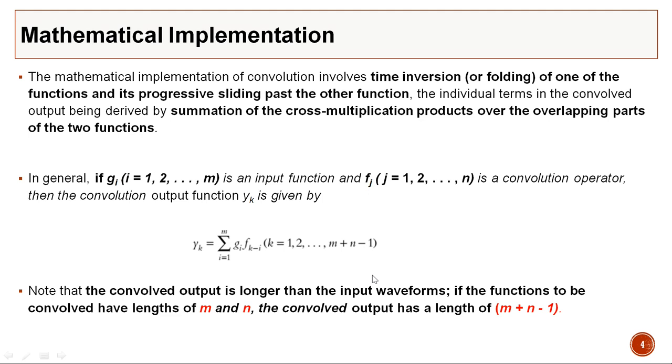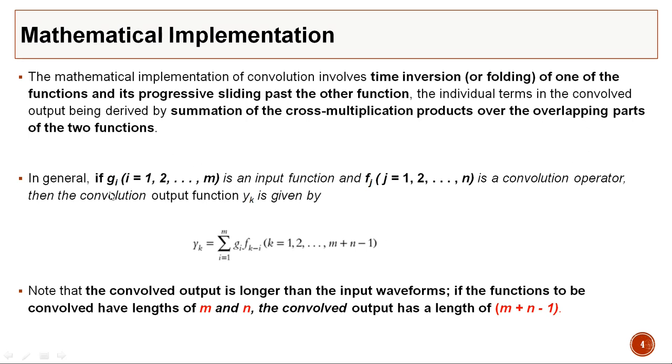Okay, so in terms of mathematical implementation, when we convolve two functions, we time invert one of the functions and progressively slide past the other function, and while sliding past the other function, each time we cross multiply the terms over the overlapping parts of the two functions.